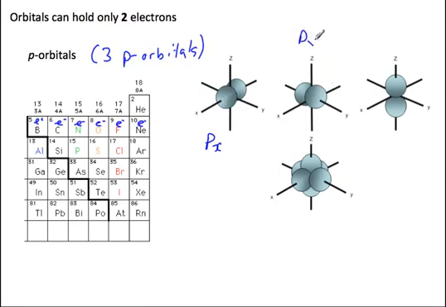This would be known as a py orbital because it's along the y-axis, and this is the pz orbital because of the orientation along the z-axis. So these are different orientations in space for the 3 different p orbitals. Notice if you put them all together, we're back to a pretty spherical shape, but don't forget all of those put together are 3 different p orbitals, and so that's 6 electrons in there.